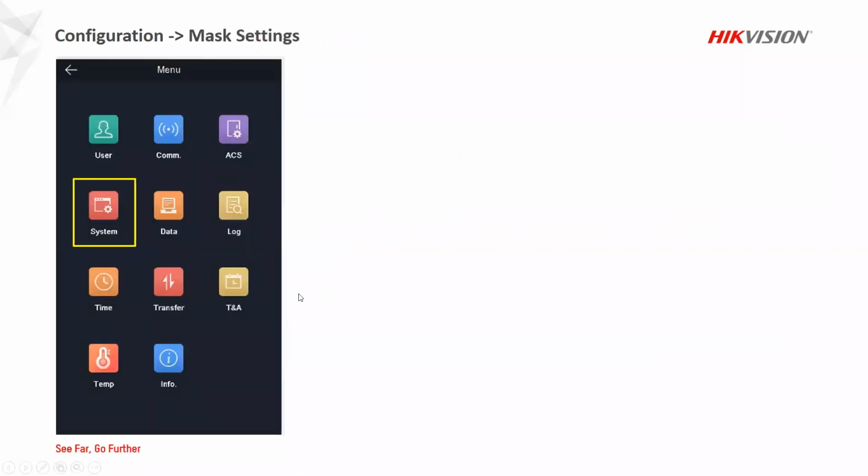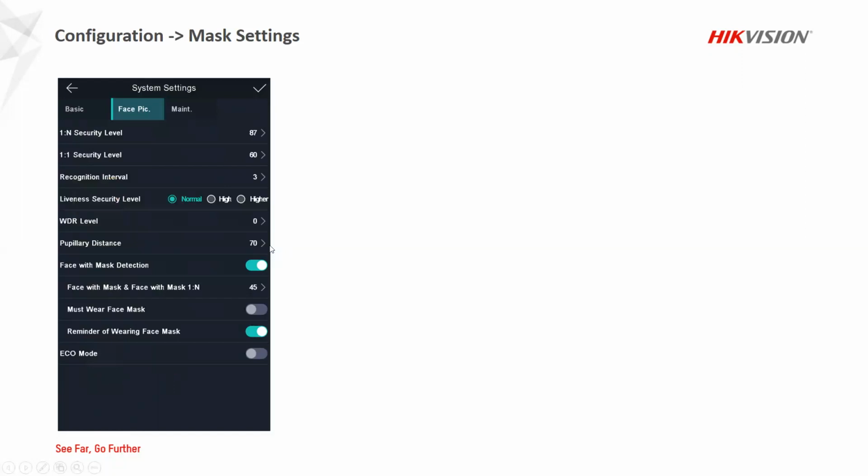Okay, so after you check the temperature setting, if you require mask detection, then you need to go into the system setting for mask settings. So in the system, you need to go to the face picture setting. And here you can see, I'll just explain briefly, the liveness security level.